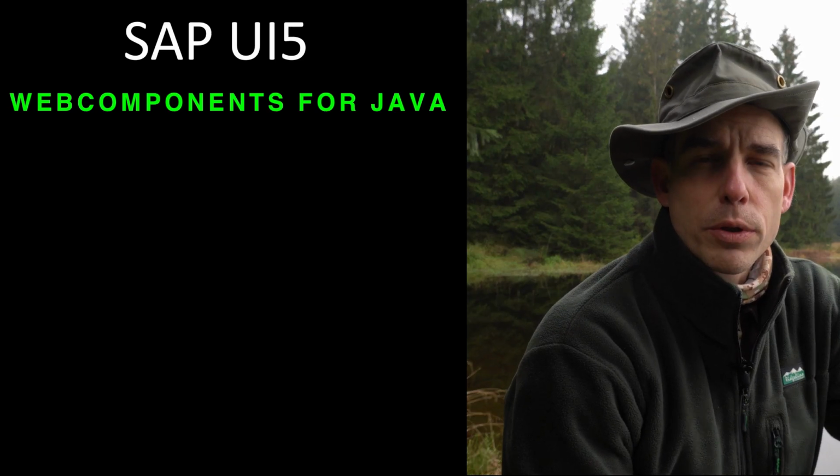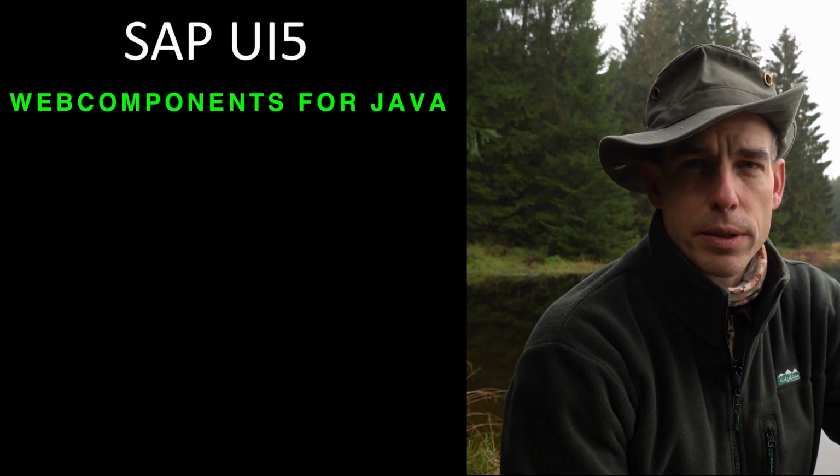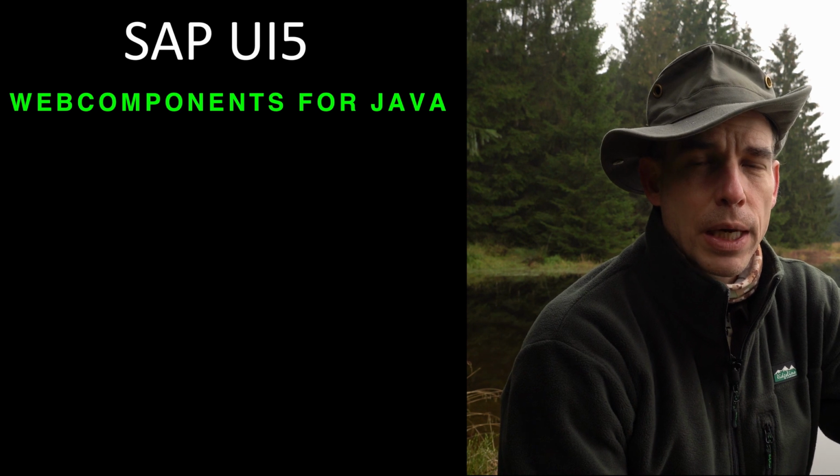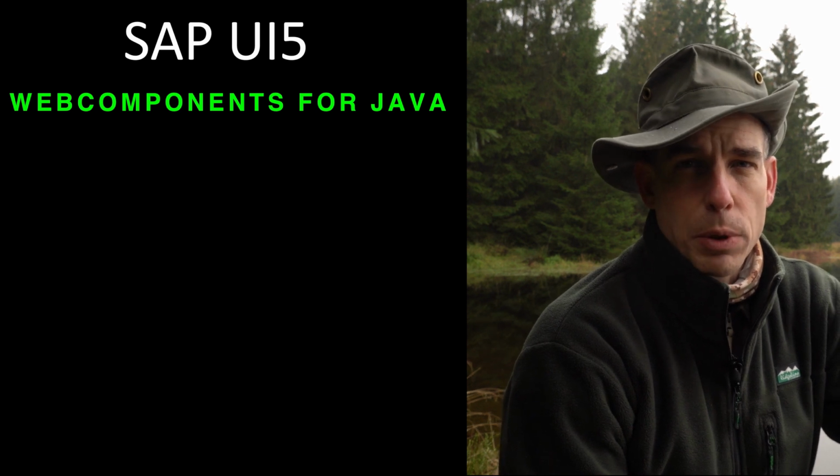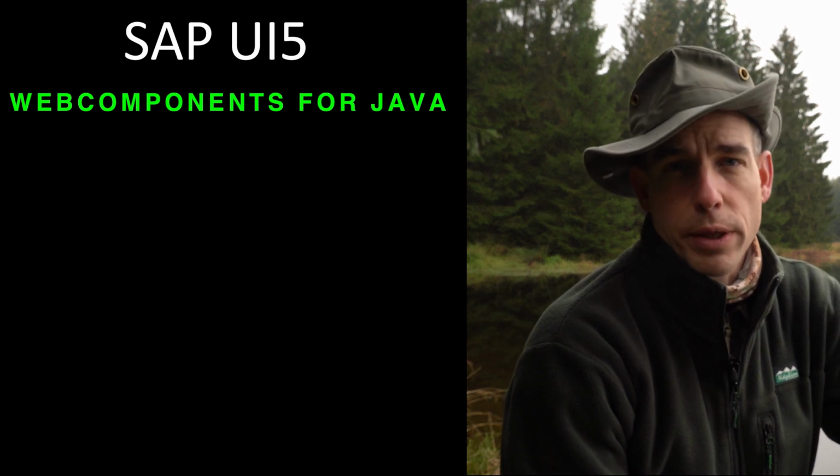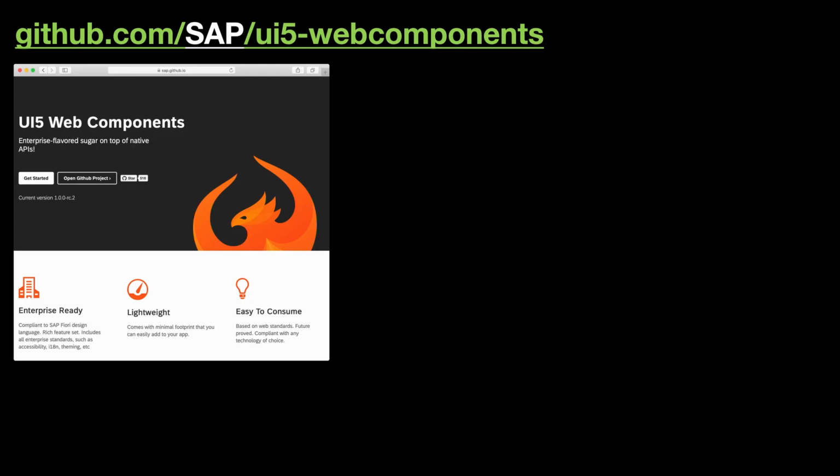In this talk I want to show you how to map these SAP UI5 web components to the server side. Why am I choosing SAP UI5 web components? First of all, they're open source and they're available on GitHub. So go to the organization SAP and then check out the project UI5 web components. These are 100% web components, really following the standard, and they mostly focus on business apps.